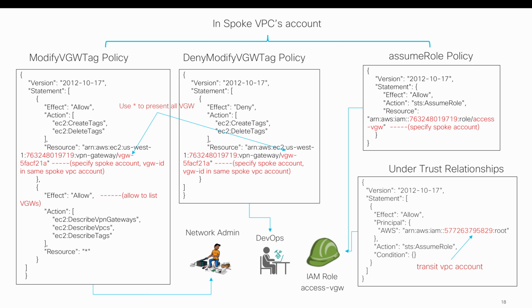And also to let the Transit VPC account access this IAM role in a different account, you need to put trust relationships. In this case, this account will be your Transit VPC account. So those are the parts you need to put together, and you have to make sure you didn't miss anything.